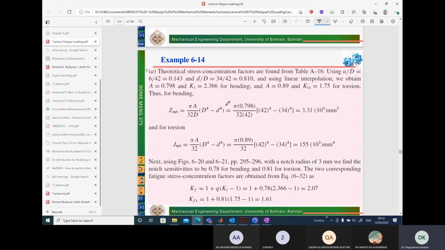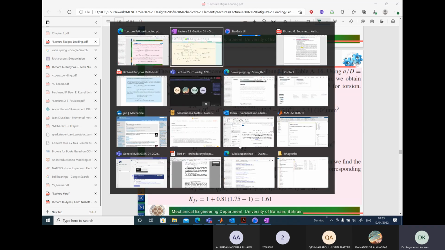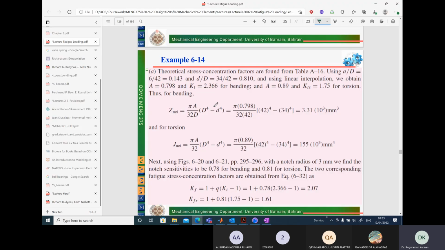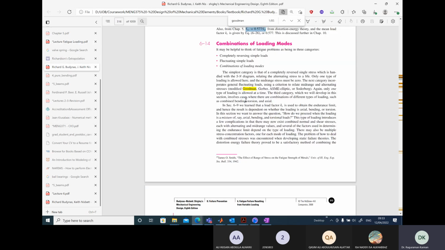Now, unfortunately, this is going to be a little bit complicated here. Okay, why is it so? Need to go to the tables and figure it out. Okay, so first thing is we need to go to table A16.